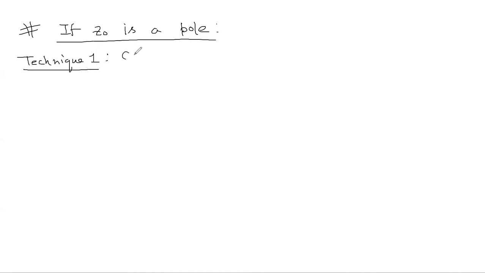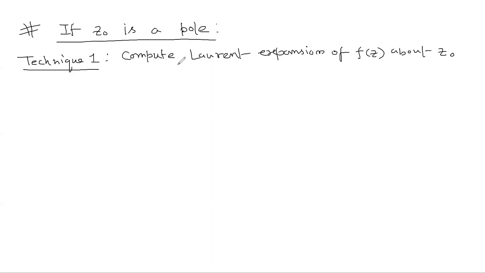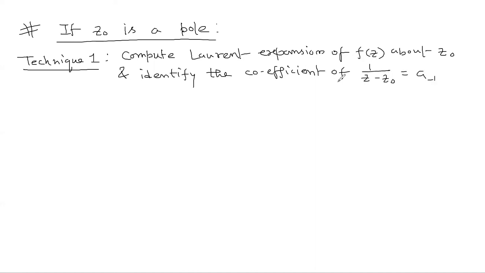That means here we can compute the Laurent expansion of the function f(z) about z0, and here we can identify the coefficient of 1 by (z minus z0), that means a minus 1, which is the residue of the function f at the point z0.